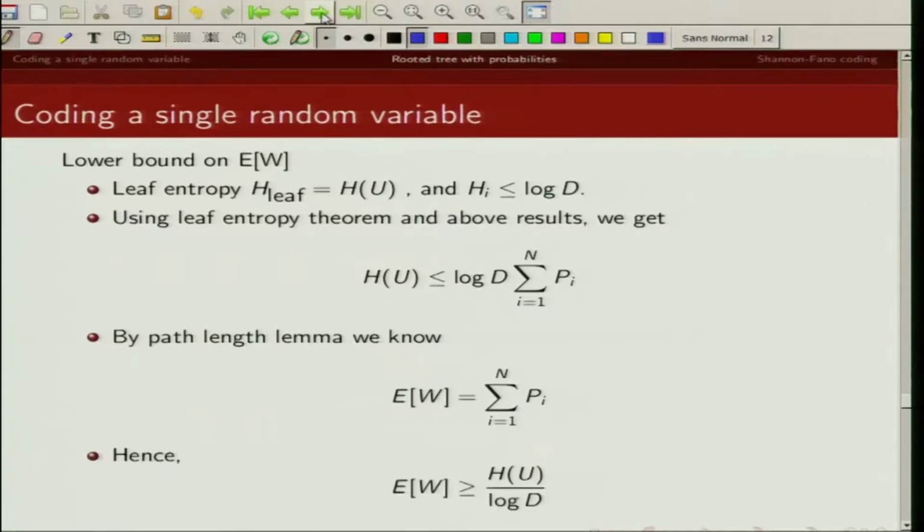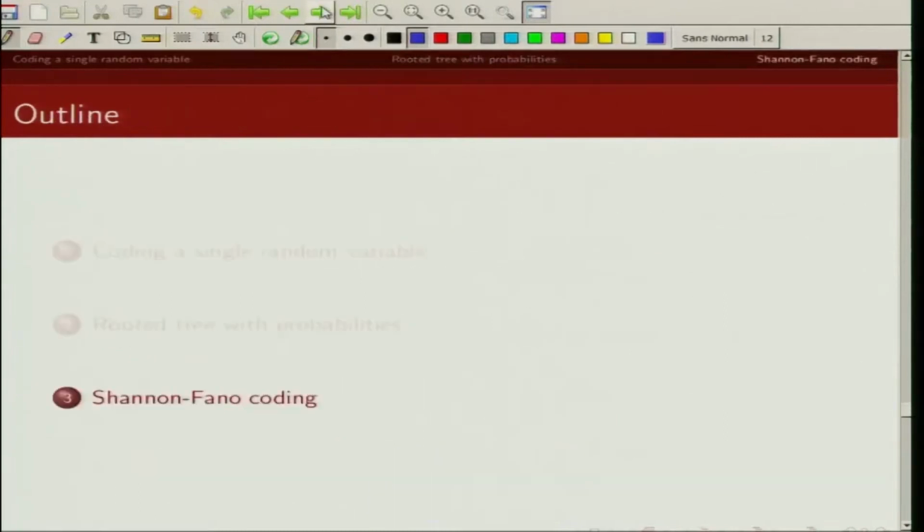What I get is a lower bound on average code word length: the average code word length should be at least equal to the uncertainty of U divided by log of D. Okay. So using this leaf entropy theorem, we have arrived at a lower bound on average code word length for this block to variable length coding scheme.